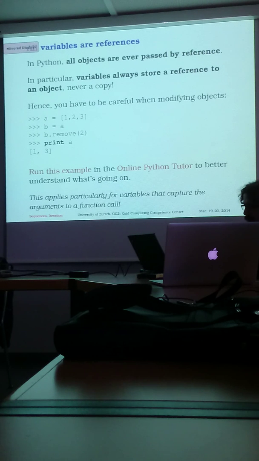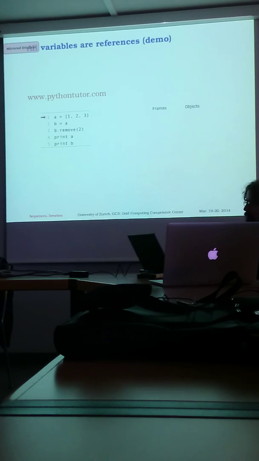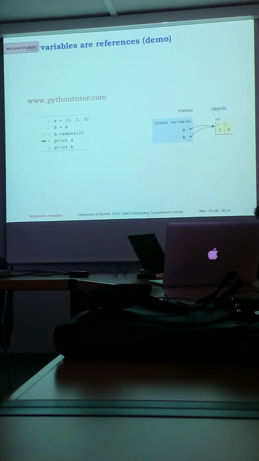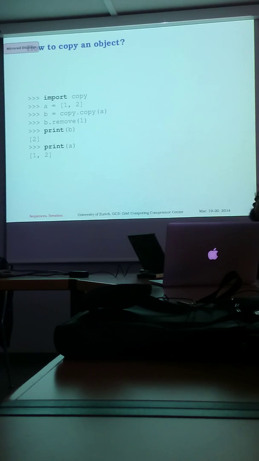When you pass an object to a function, the function may do something with that object, also modifying its state. So this is what we already saw. If you want to create a copy of an object, a generic object, not just a list, there is a module called copy. You import copy and you call the copy method inside this module.